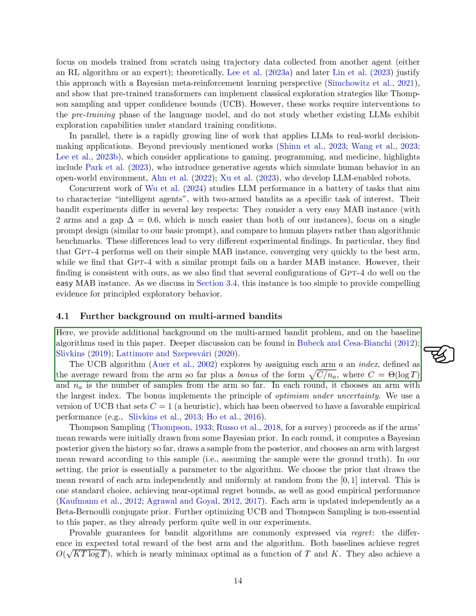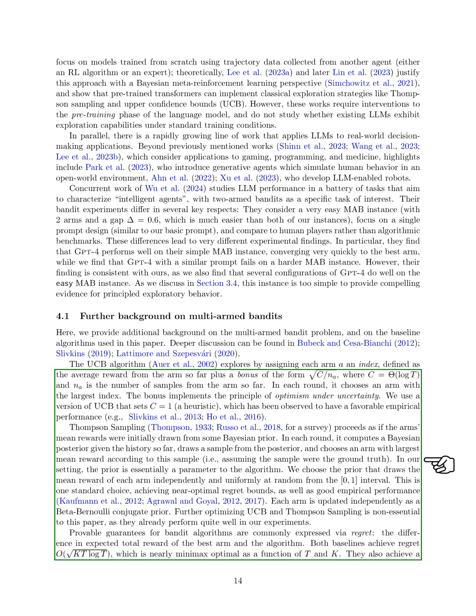Moving on to multi-armed bandits, we provide background information on the problem and the baseline algorithms used in our study. The upper confidence bound, UCB, algorithm explores by assigning each arm an index based on the average reward and a bonus term. We use a version of UCB with a specific setting for the bonus term.